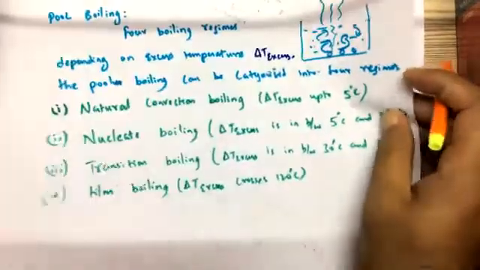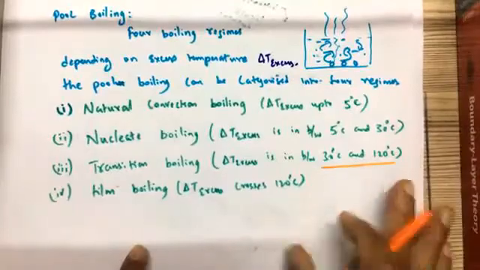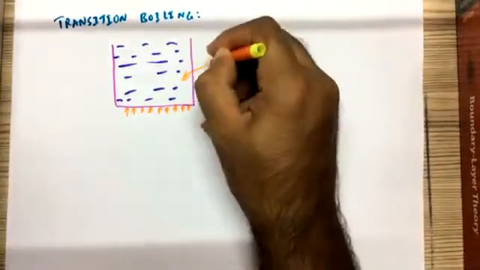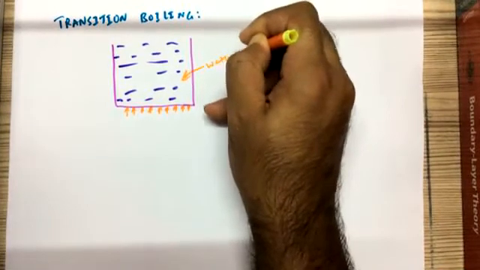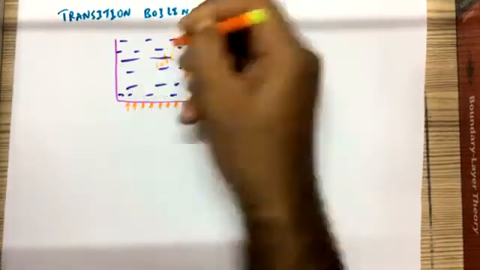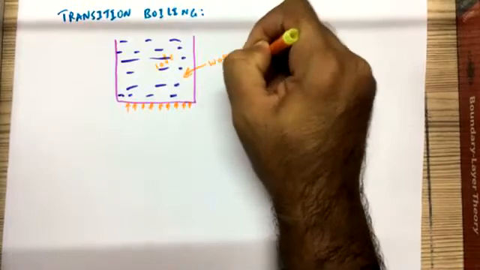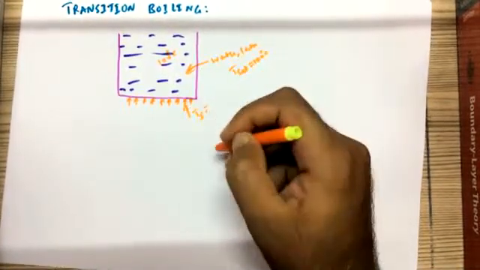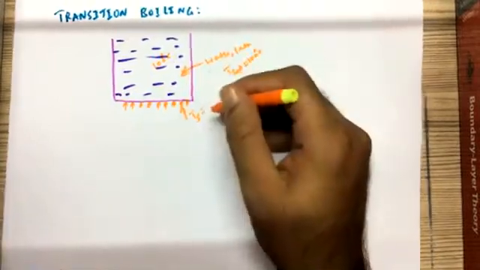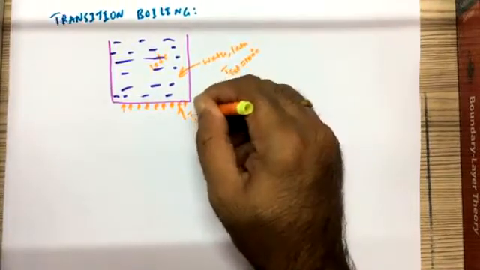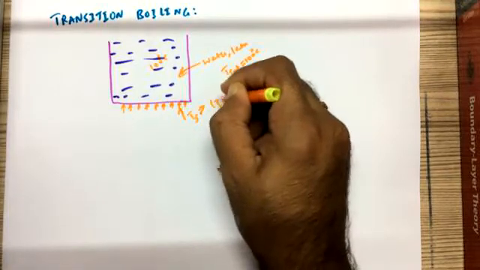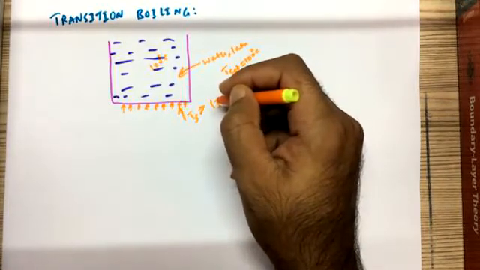if the delta T is between 30 and 120, and you consider this as water at 1 atmosphere, then the saturation temperature, Tsat, would be 100 degrees Celsius. Obviously the surface temperature should be more than 130 degrees Celsius, because only then could delta T be 30 degrees Celsius.